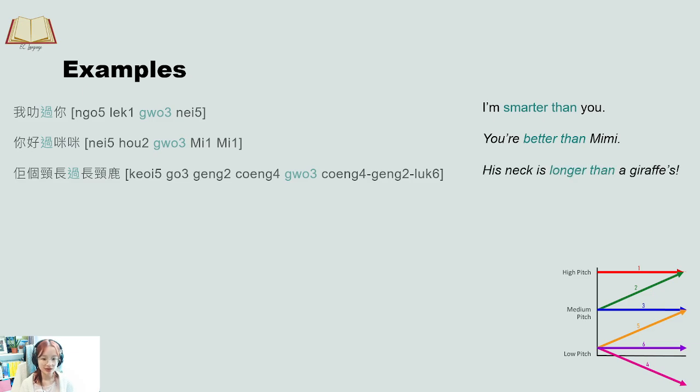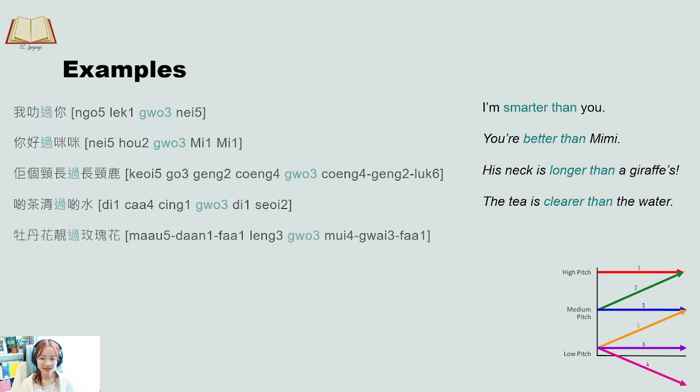His neck is longer than a giraffe's. 啲茶清過啲水. The tea is clearer than the water. 牡丹花靚過玫瑰花. Peonies are prettier than roses.